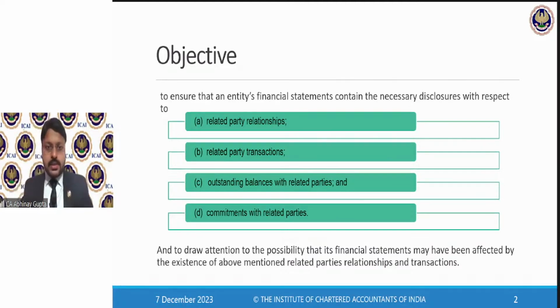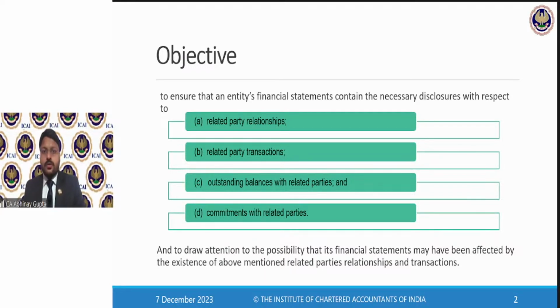And which parties need to be treated as related parties. So the first step is identification of the related party, the next is identification of the transactions and balances with those related parties, and then disclosure of those transactions and outstanding balances as on the reporting date, right?